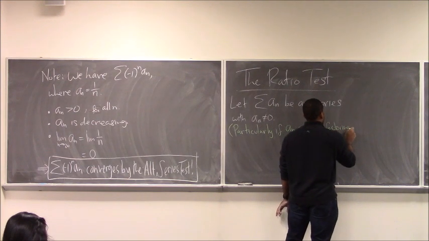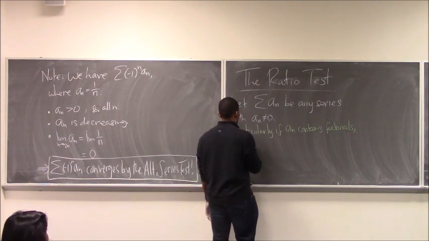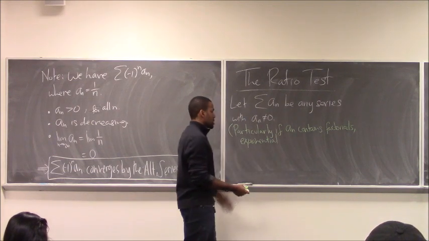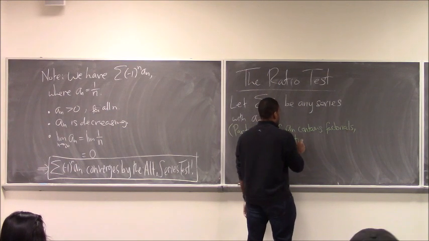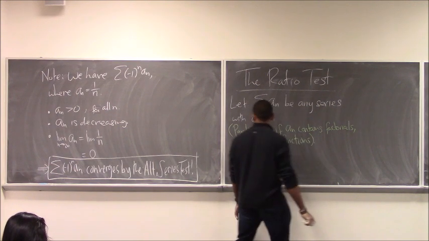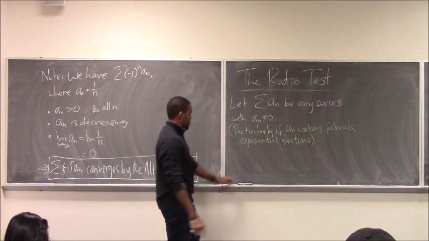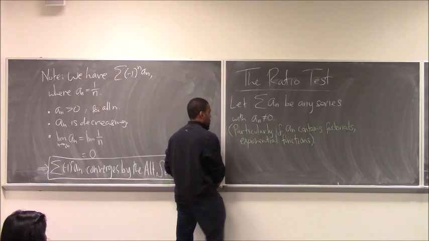So if you see a bunch of things like with factorials and exponential functions, and general exponential functions, not necessarily just e to the n, but other ones, this test is particularly useful in those situations. Probably just not rational functions though. Or, okay, so we have any series like that.